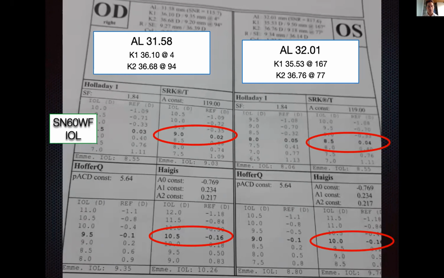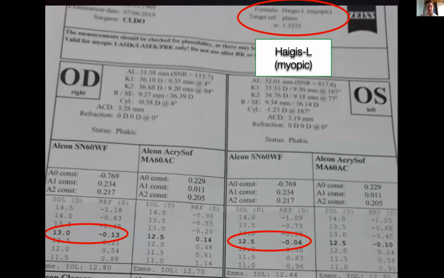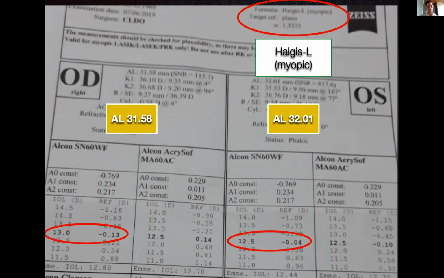The diopter of the IOL, considering the SRK/T and the SN60 IOL, was around 9 for emmetropia in the right eye, and in the left eye 8.5. But the patient was a post-LASIK patient, so we did the biometry with the Haigis-L myopic status, and the biometry gave us 13 and 12.5 with this axial length.